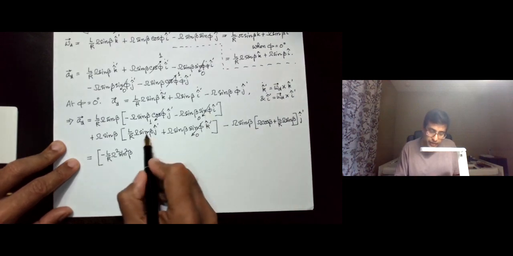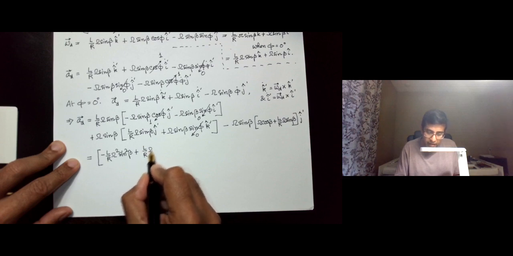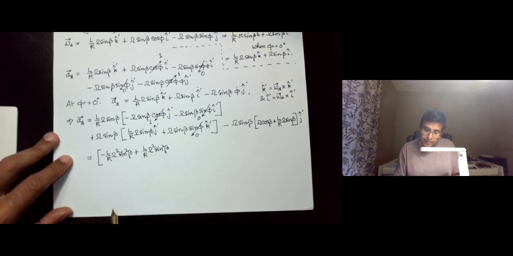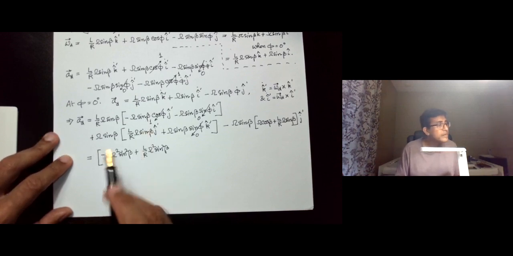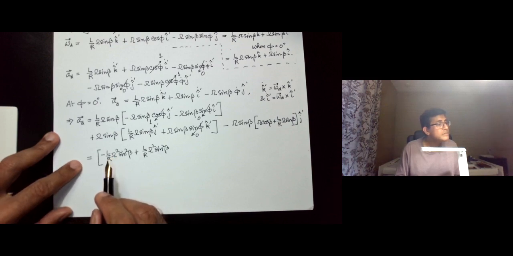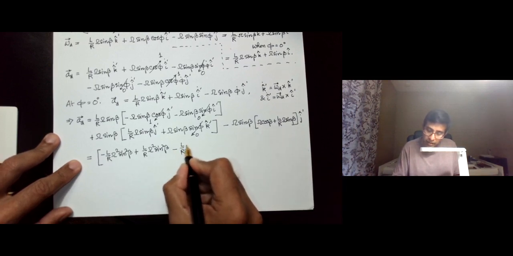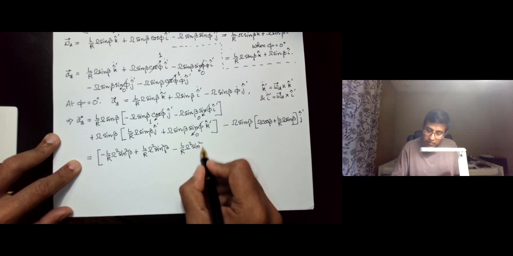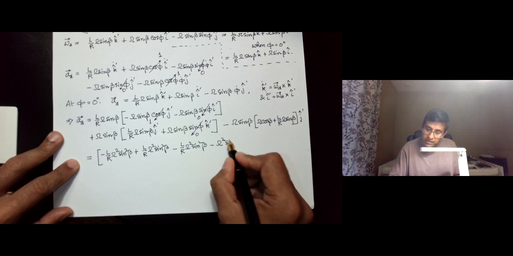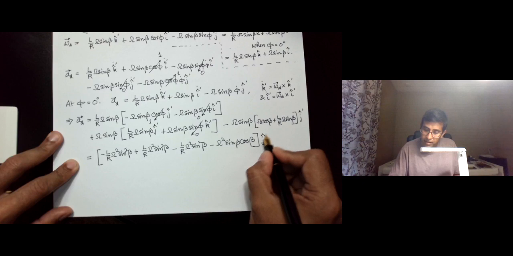This has dropped, plus L over R omega squared sine squared beta. Okay, and then another L over R omega squared sine squared beta, and a negative omega squared sine beta cosine beta, everything in the j prime direction.